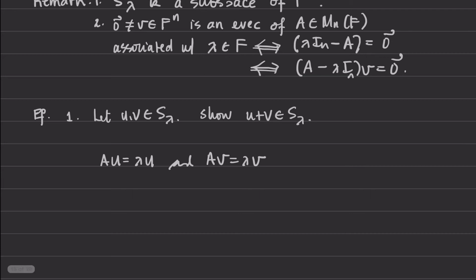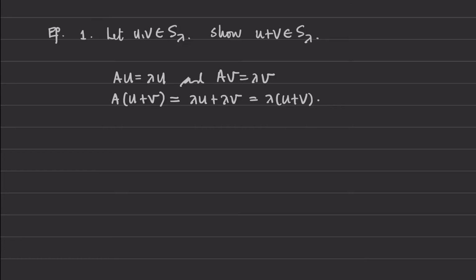So ano mangyayari kapag kinuha natin A times U plus V? Ang mangyayari dyan, meron kang lambda U plus lambda V, okay? Which is lambda times U plus V. So, tignan natin yung U plus V. Meron tayong two cases dyan. If U plus V is 0, then automatic mapupunta ka sa S lambda kasi ang S lambda mo andoon ang zero vector.